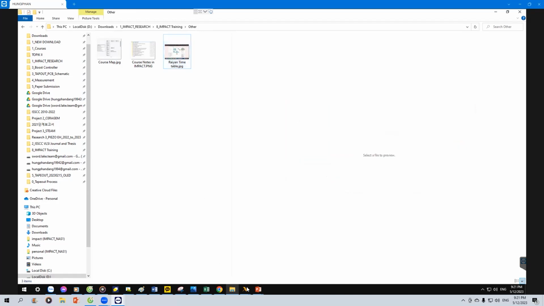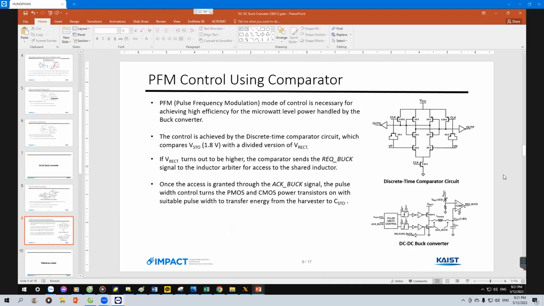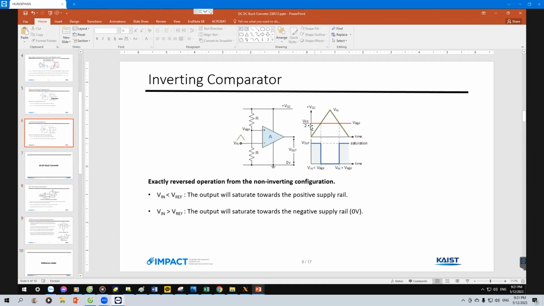Okay. So for now, you just need to understand that it compares Vin and VREF, and the output is digital. That's all. At this moment, you don't need to design a comparator. I will provide you a comparator that I designed.